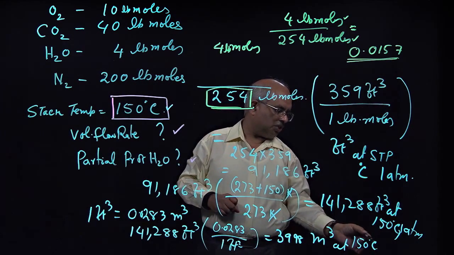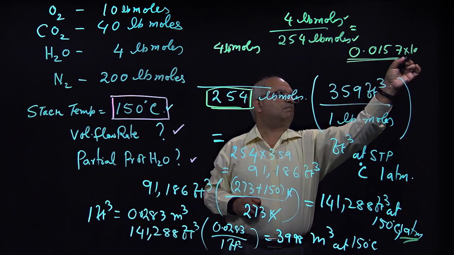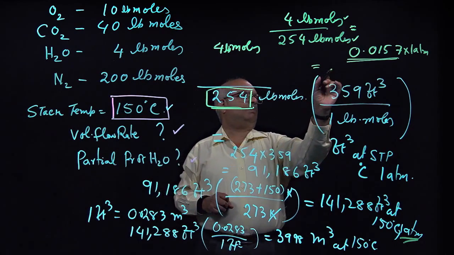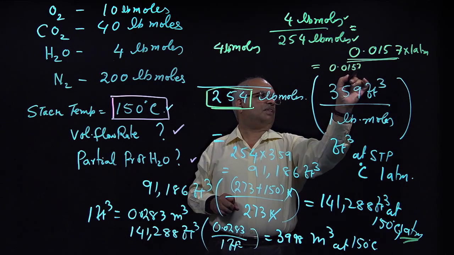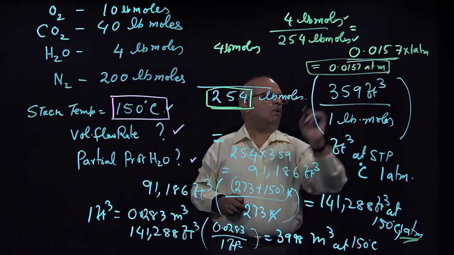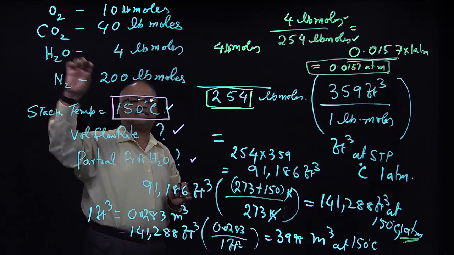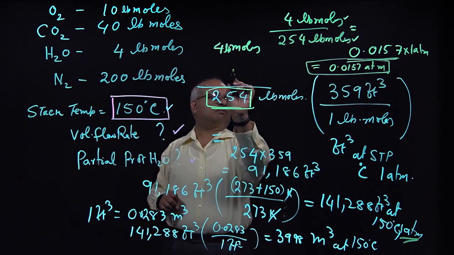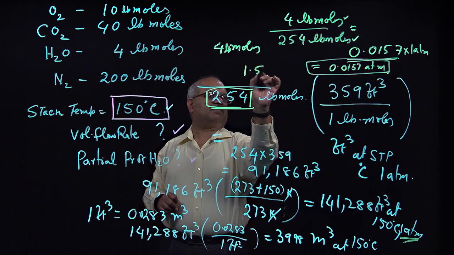The pressure at which the gases are going out is 1 atmosphere. So if we multiply this by 1 atmosphere, the partial pressure exerted by this gas would be 0.0157 atmospheres. In other words, if we want the percentage of the total pressure exerted by water vapor, we multiply this by 100 and it will be 1.57%.